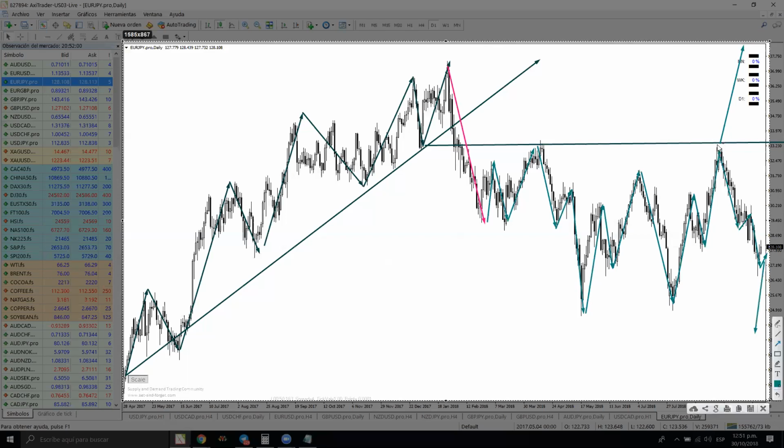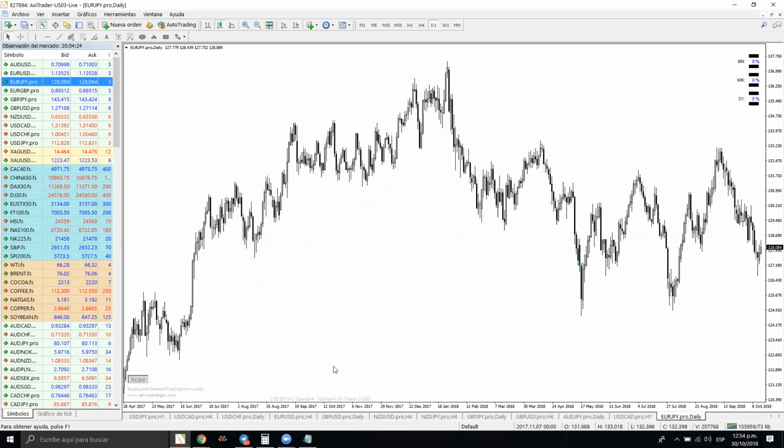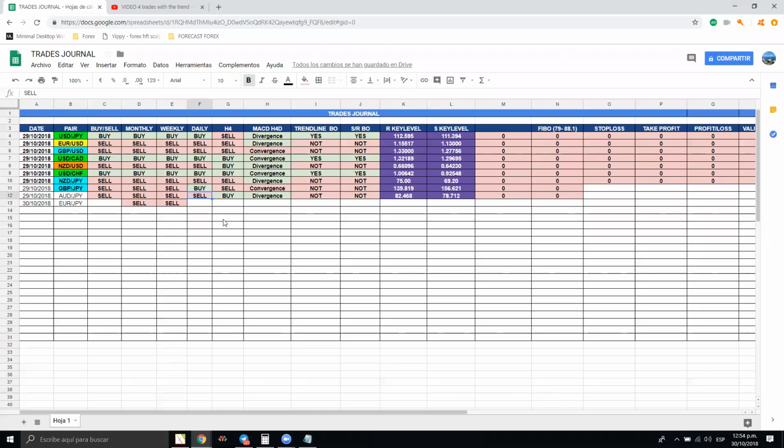The market shifts direction from sell to buy, or from bearish to bullish. But if it doesn't cross here to the upside, this is still bearish. So let's have bearish sentiment. Okay.